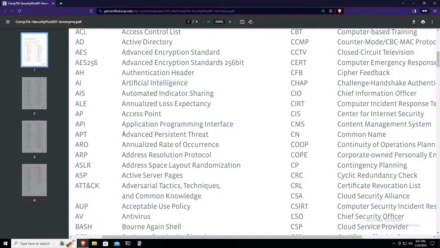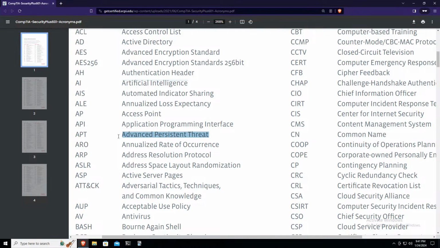APT, advanced persistent threat. An APT, or advanced persistent threat, usually is a threat that is looming kind of at all times. They're very hard to spot.